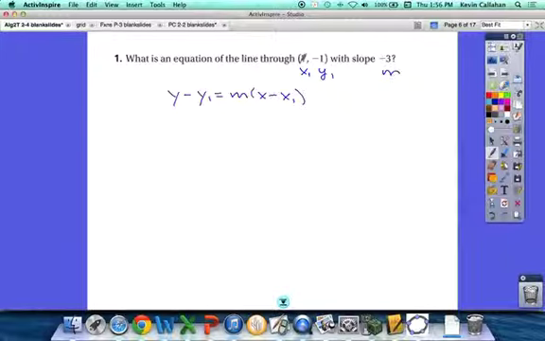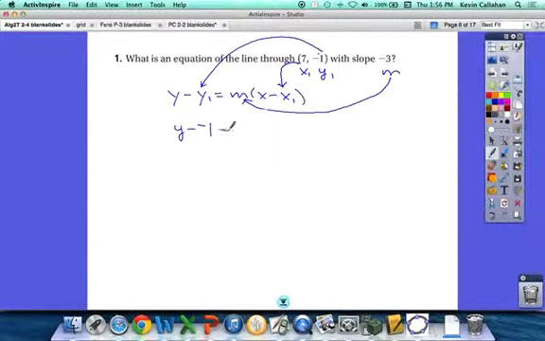The 7 is going to go here, the -1 is going to go here, and the 3 is going to go here. So substitute: y minus -1 equals -3x minus 7.